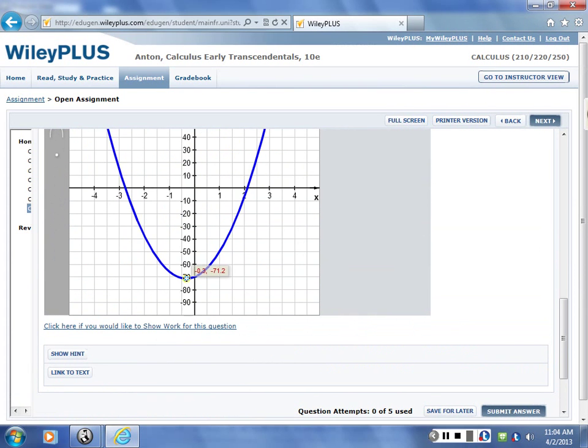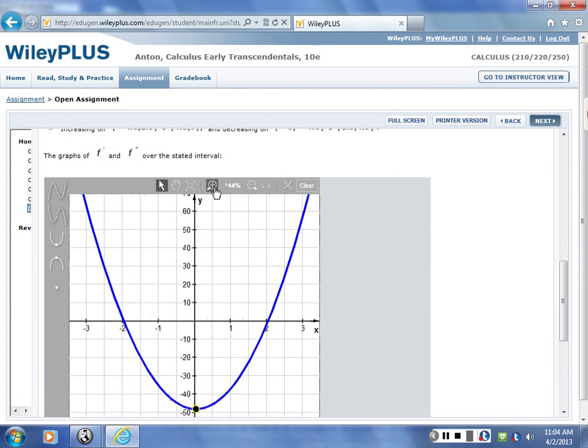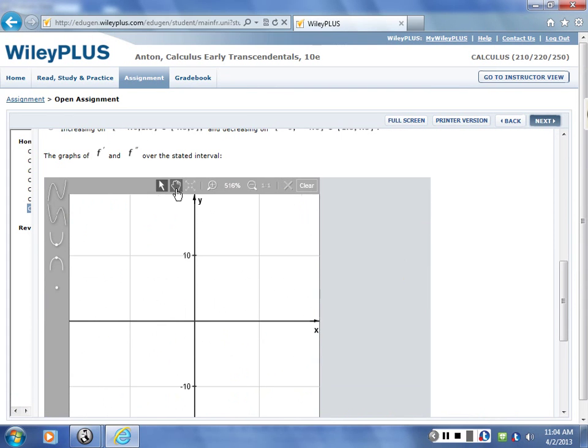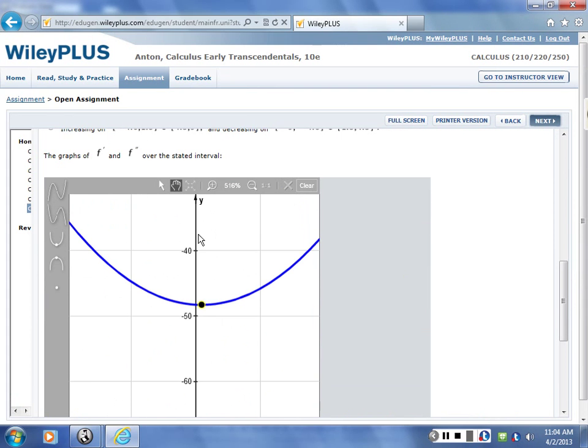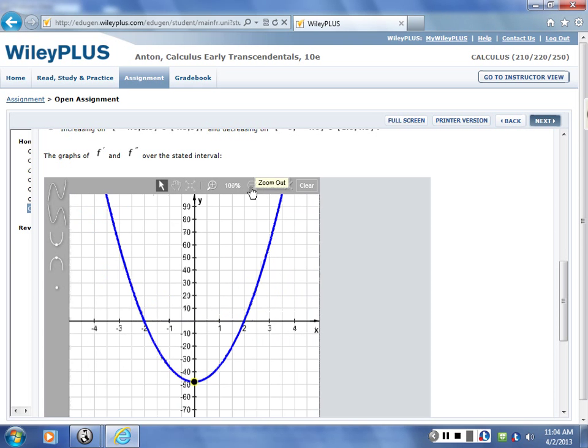So I come down here, 48. See if I can. You might need to zoom in a little bit to get this, depending on how touchy your computer and your mouse are. So I need minus 48. So that would be the second derivative.